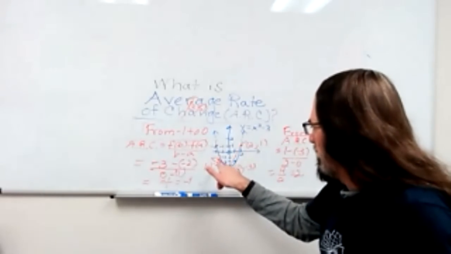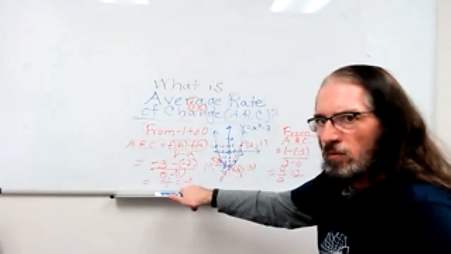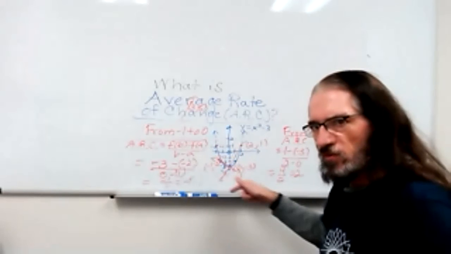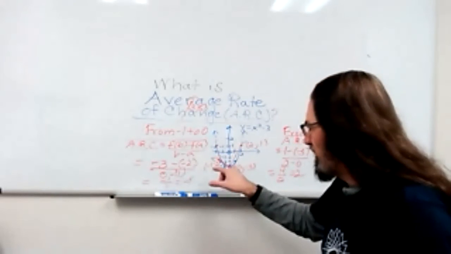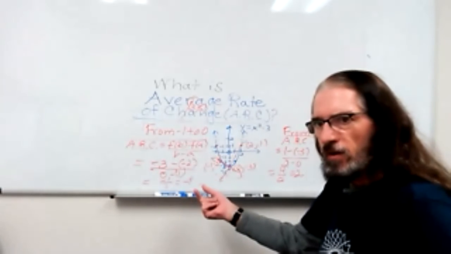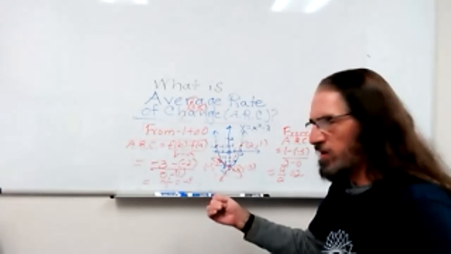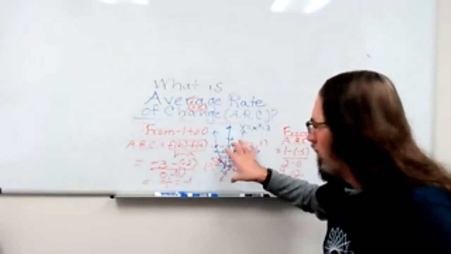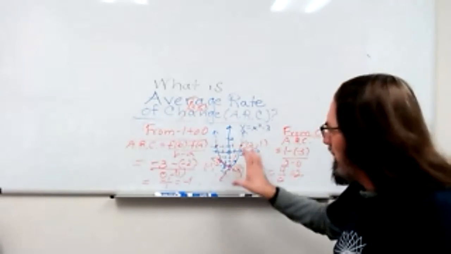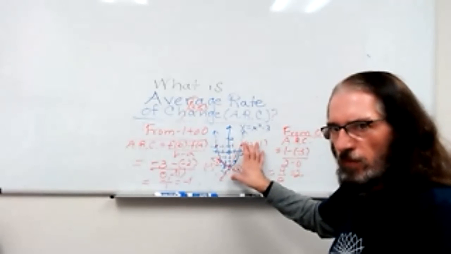Notice here that for the first one, we had a negative value and the parabola is decreasing, but it's not at a constant rate. The line has that rate of decrease of -1. Over here on this side, we've got a positive and its absolute value is bigger, so it's steeper.